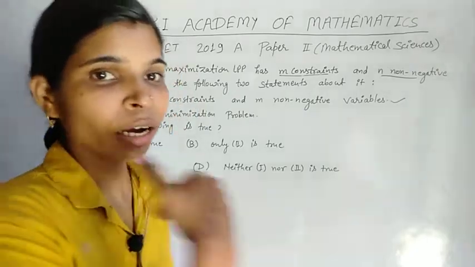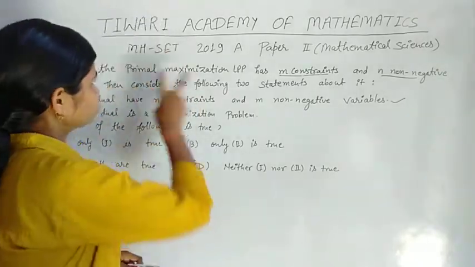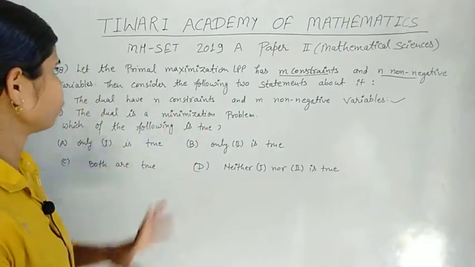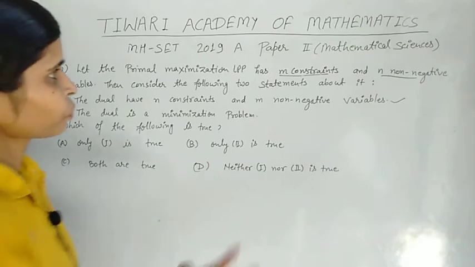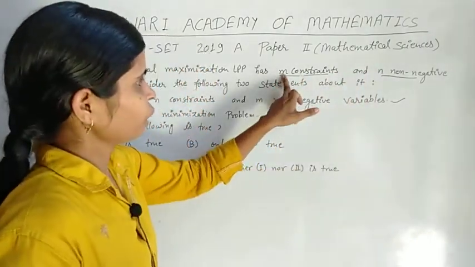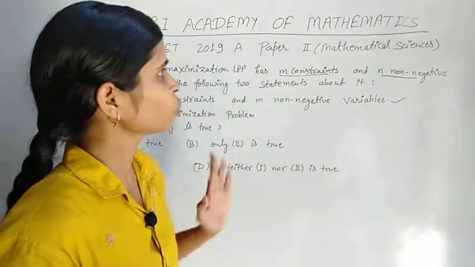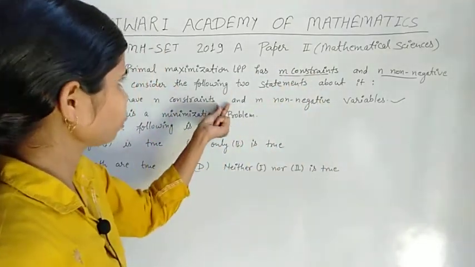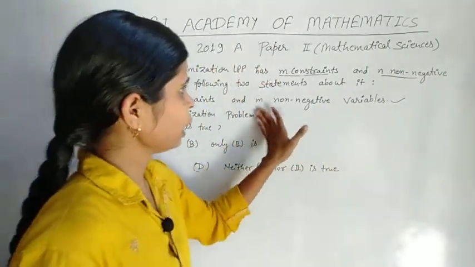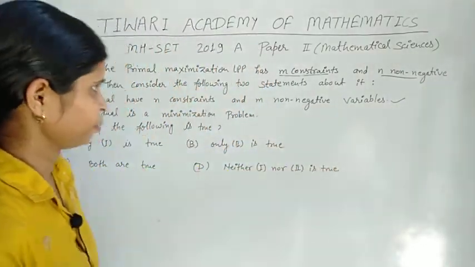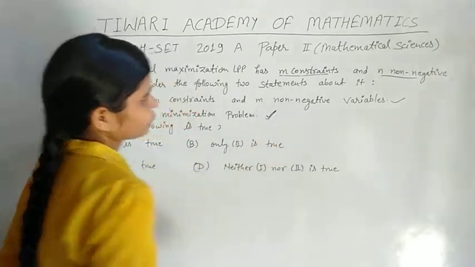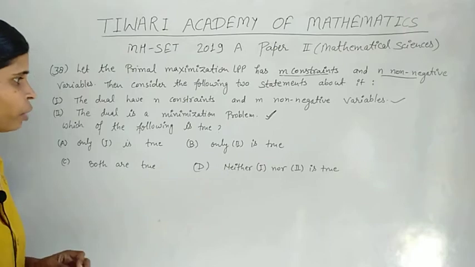That means the dual is just the opposite, and this is invertible. If m constraints, then n constraints in the dual, and n non-negative variables in the primal, m non-negative variables in the dual. So statement first and statement second are both true statements.